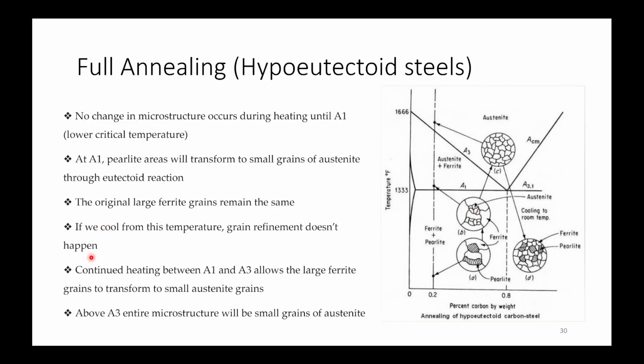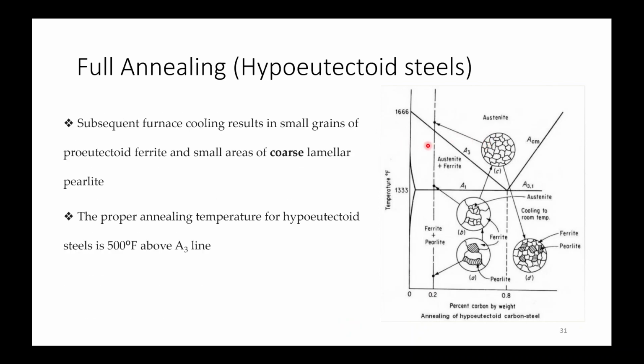Continued heating between A1 and A3 allows the large ferrite grains to transform to small austenite grains. Now above A3 the entire microstructure will be small grains of austenite. After we have achieved this structure, it is subsequently furnace cooled.